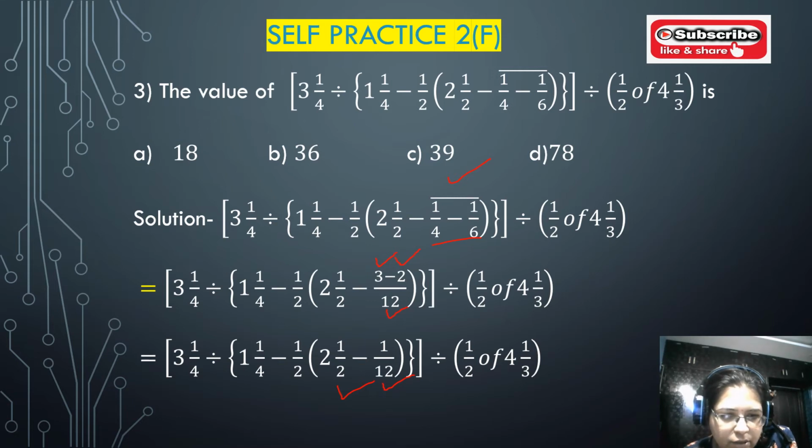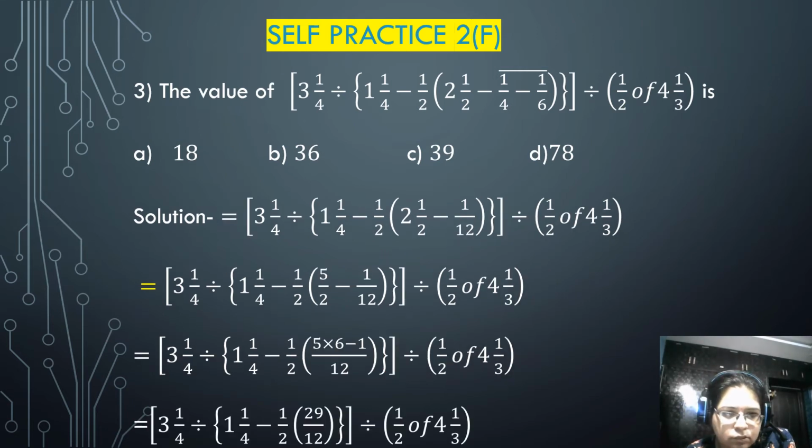Now we get 3 1/4 ÷ {1 1/4 − 1/2 of (2 1/2 − 1/12)} ÷ (1/2 of 4 1/3), where 2 1/2 minus 1/12 is inside the bracket.